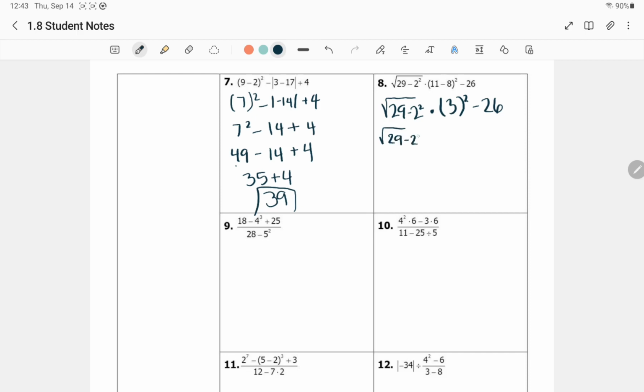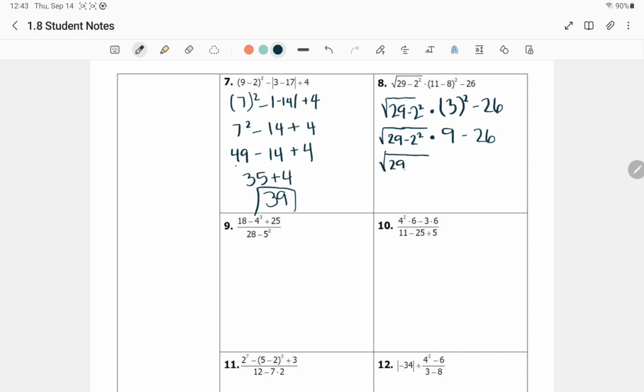29 minus 2 squared times 3 times 3 is 9 minus 26. All right, I took care of all the parentheses and the exponents. I need to get rid of the radical as well. So I have the square root, so 2 times 2 is 4.